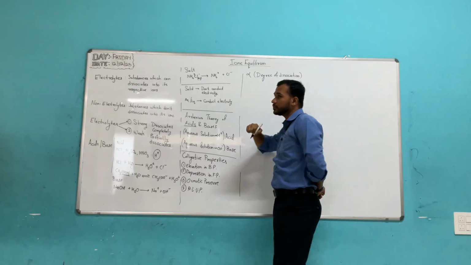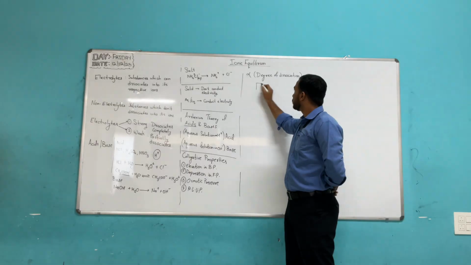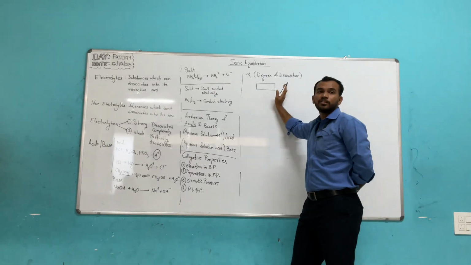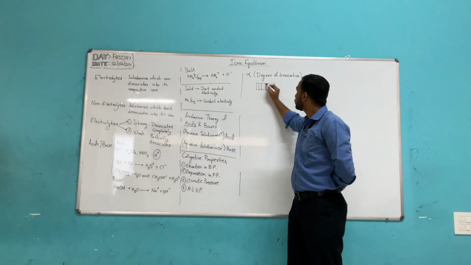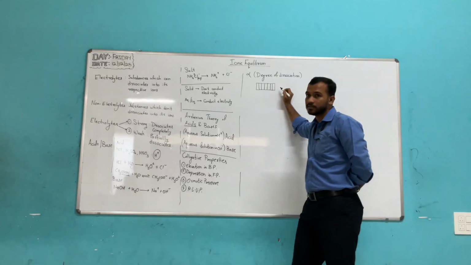What do you mean by this? Suppose you have, it is generally related to mathematics. Suppose there are 1, 2, 3, 4, 5, 6, 7 parts.